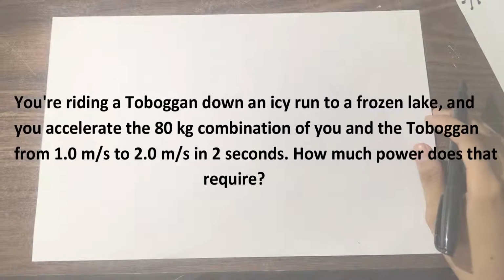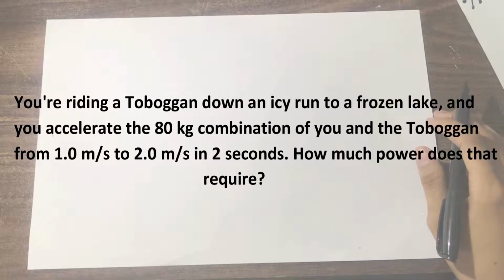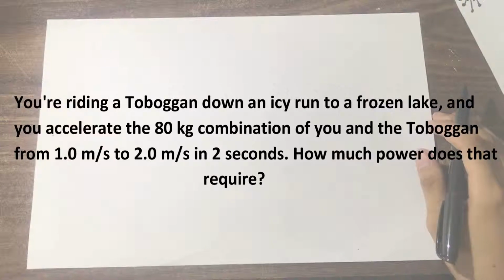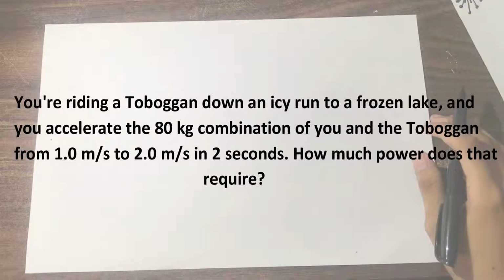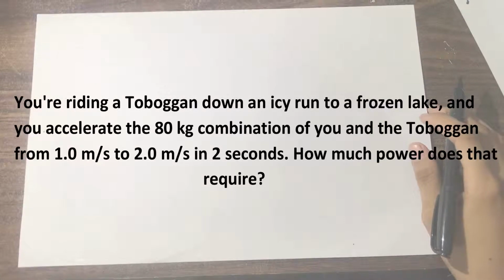You're riding a toboggan down an icy run to a frozen lake, and you accelerate the 80-kilogram combination of you and the toboggan from 1.0 meter per second to 2.0 meters per second in 2 seconds. How much power does that require?